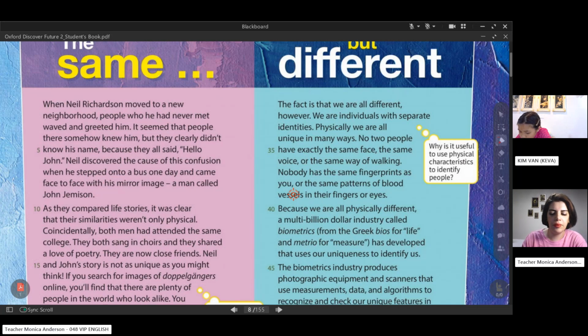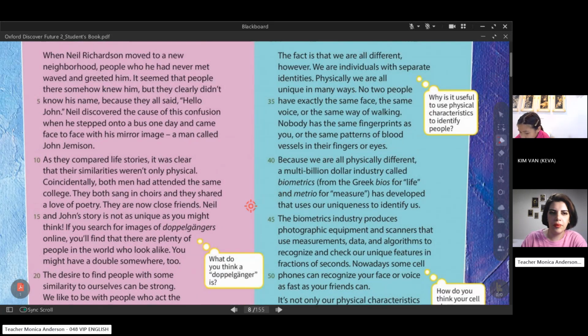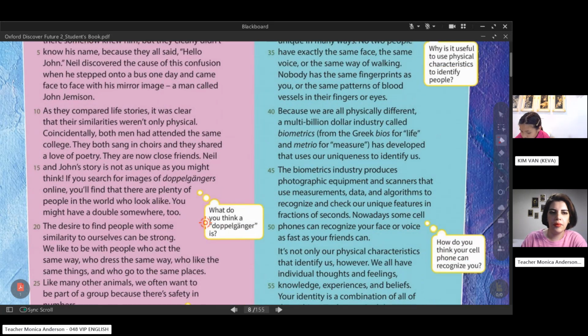As they compared life stories, it was clear that their similarities weren't only physical. Coincidentally, both men had attended the same college. They both sang in choirs, and they shared a love of poetry. They are now close friends.